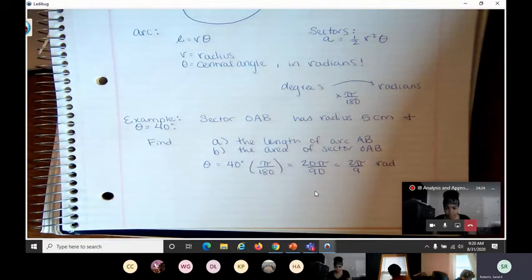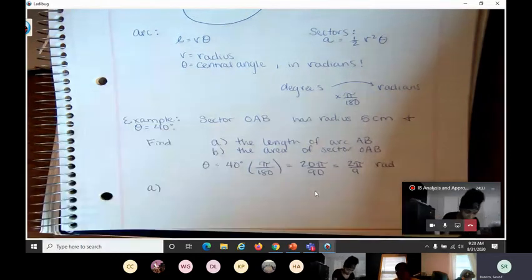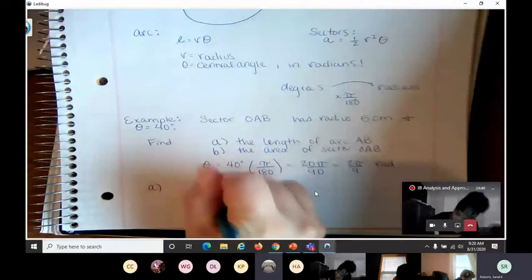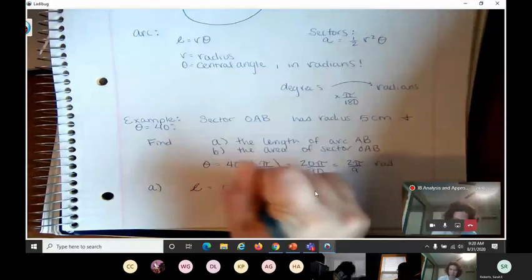Okay. And for part A, it asks us to find the length of arc AB. So Samuel, using the equation that we were given, what would our arc length be? Well, it's radius times the angle, so it's 5 times 2 pi over 9. So I just left it as 10 pi over 9.